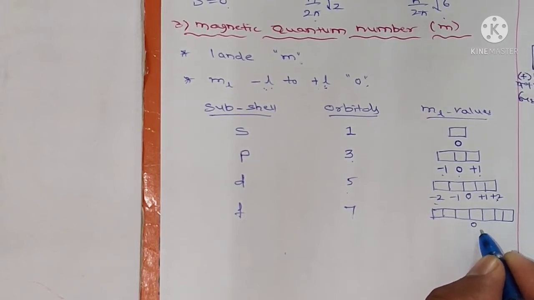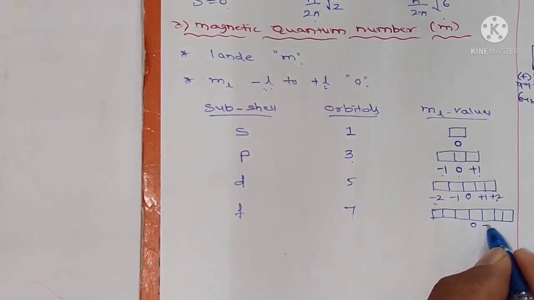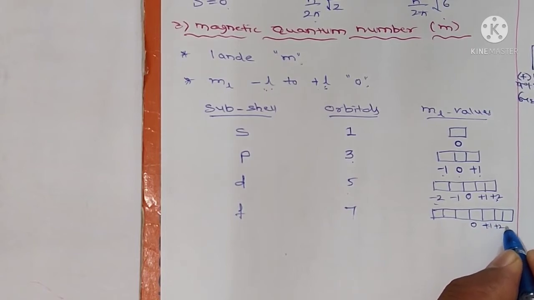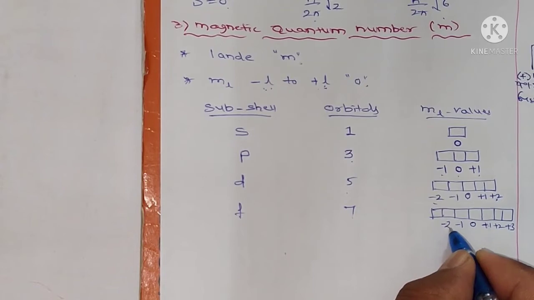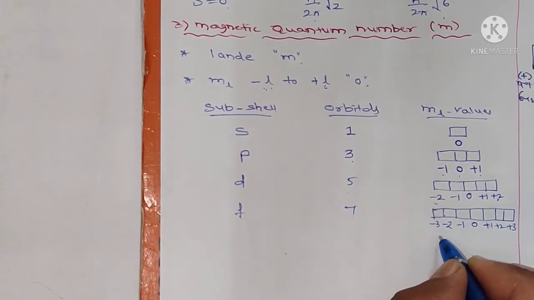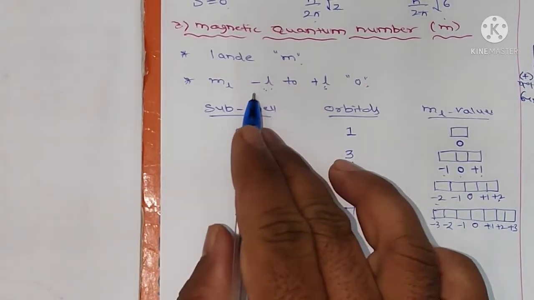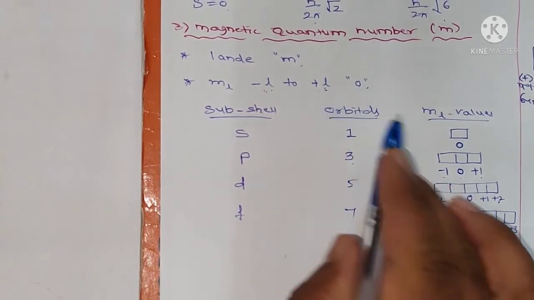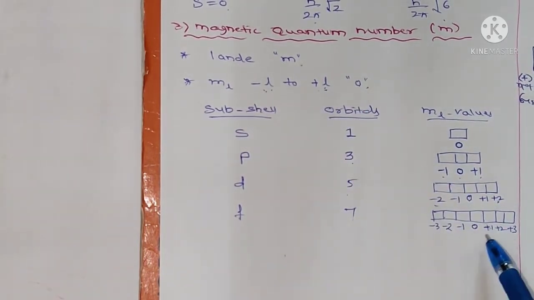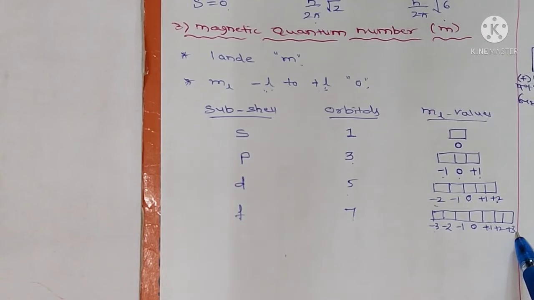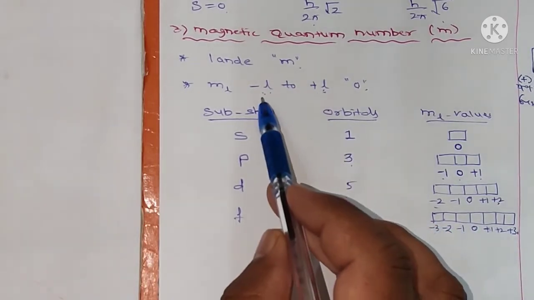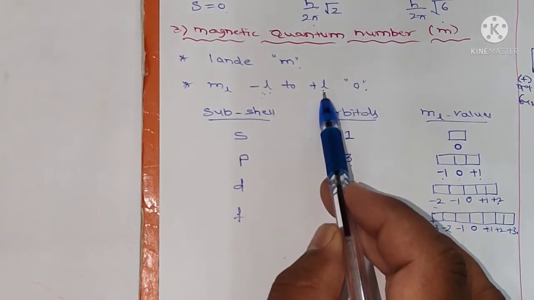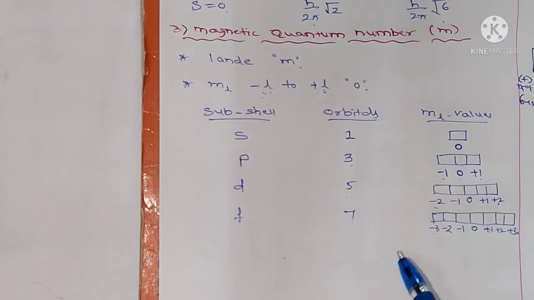Middle one is 0, and plus 1, plus 2, plus 3, minus 1, minus 2, minus 3. So minus l to plus l including 0. So the value of ml varies from minus l to plus l including 0.